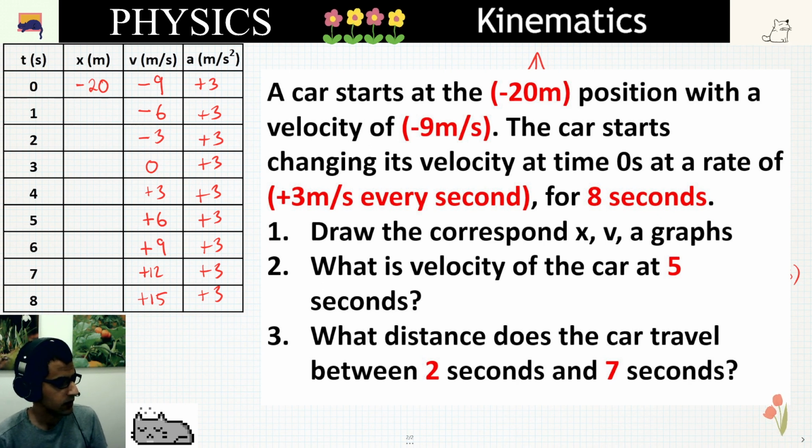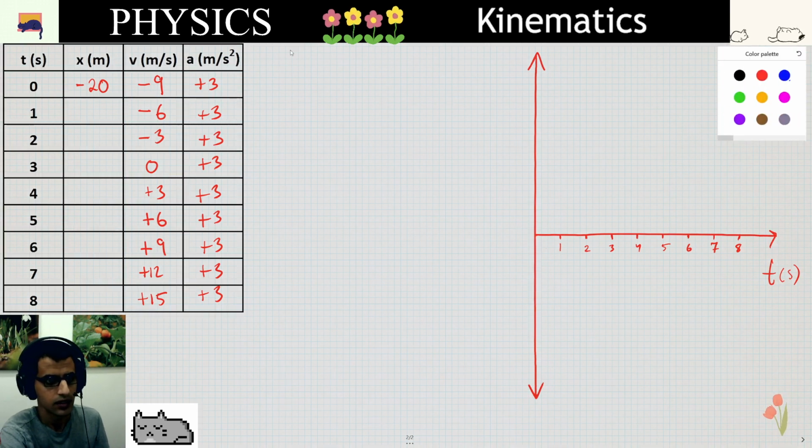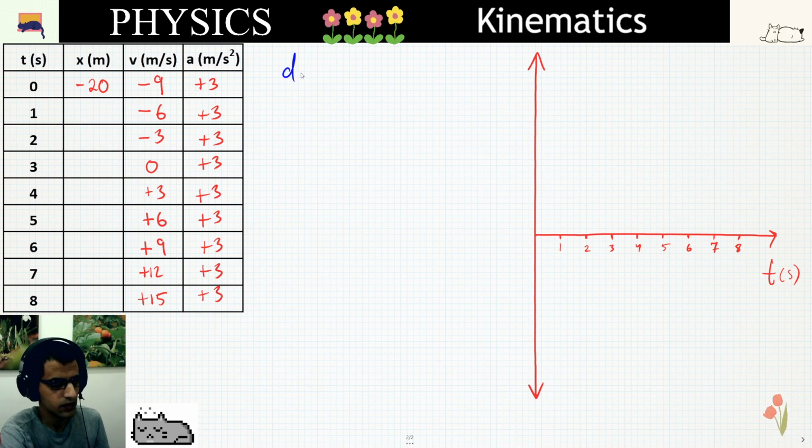I'm going to remove the question, because we have all the information we need here. And I've already set up our graph here for us to use later. Okay, so I'm going to write here the equation for the displacement. Use a different color. Displacement will be equal to average velocity times time.